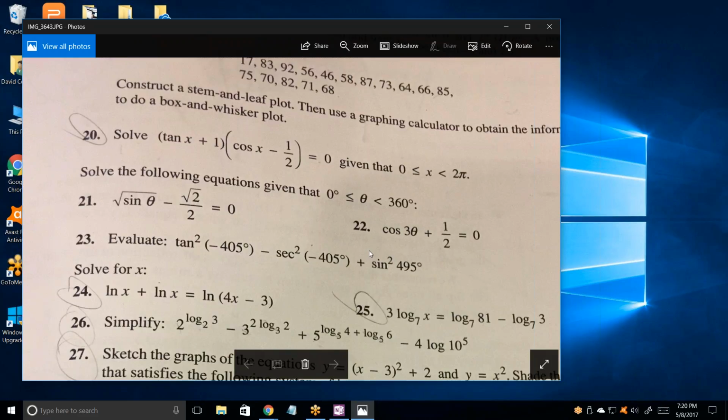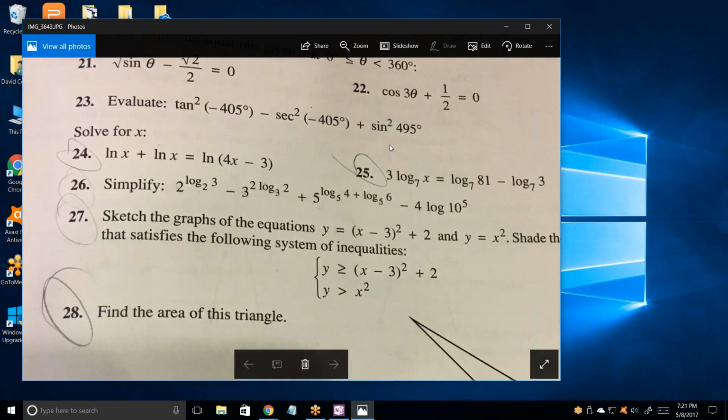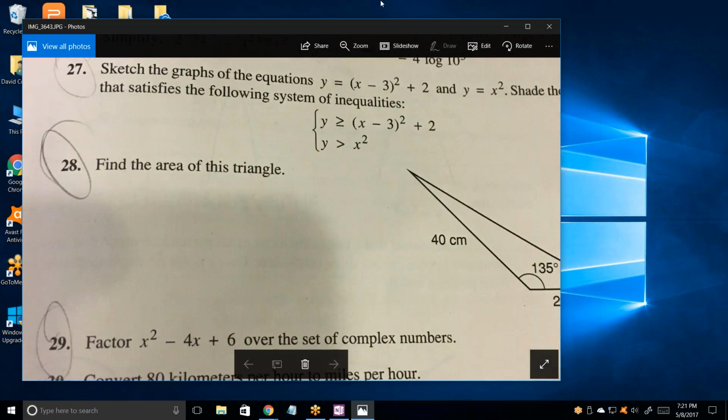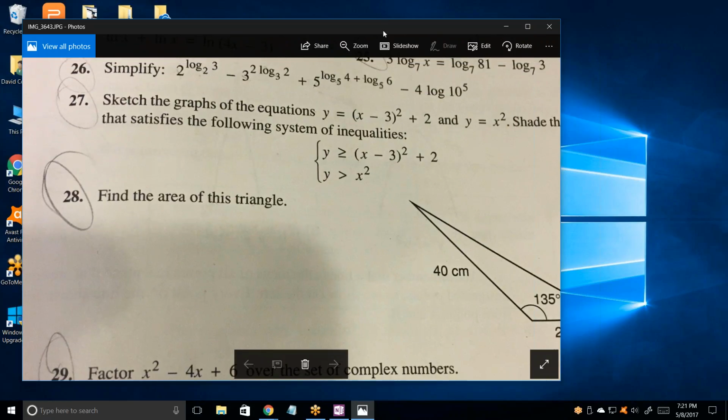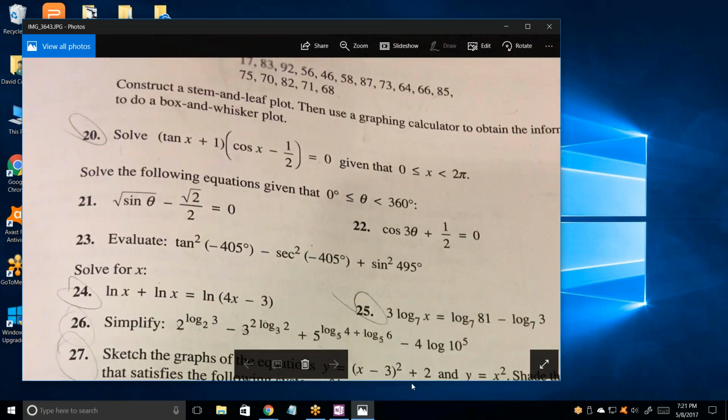I think especially number 28, because those ones seem to be just giving me extra trouble. All right, 28's easy. We'll make sure we cover 28 before we quit tonight. Let's start with 20, though.